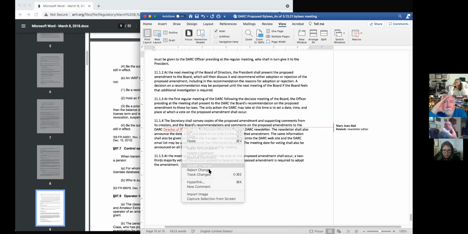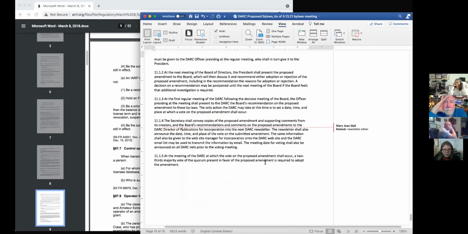The newsletter shall also announce the date, time, and place of the vote on the submitted amendment. The same information shall also be given to the website manager for incorporation into the DARK website, and the DARK email list may be used to transmit the information by email. The meeting date for voting shall also be announced on all DARK nets prior to the voting meeting.